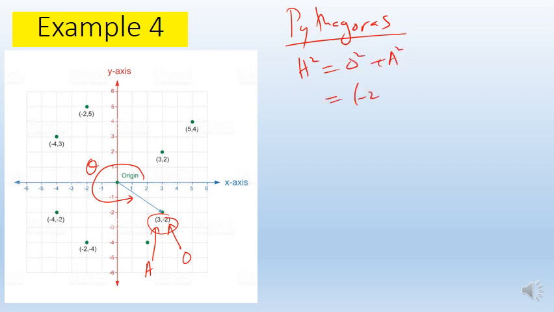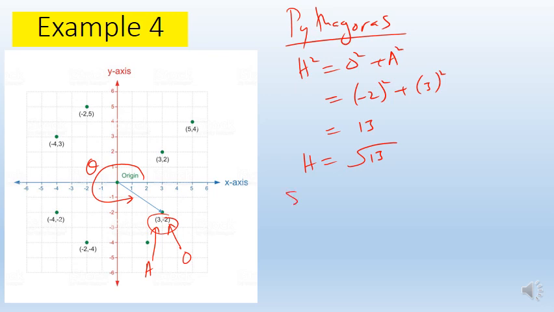The opposite side was minus 2, squared, and then you've got 3 squared. That's 4 and 9, which is 13. So the hypotenuse is root 13. We're taking the square root of 13, which should be plus or minus, but the hypotenuse is always positive. So we've got root 13.